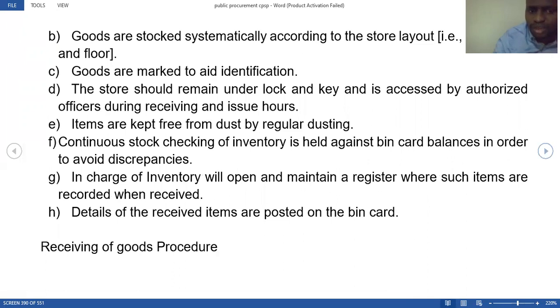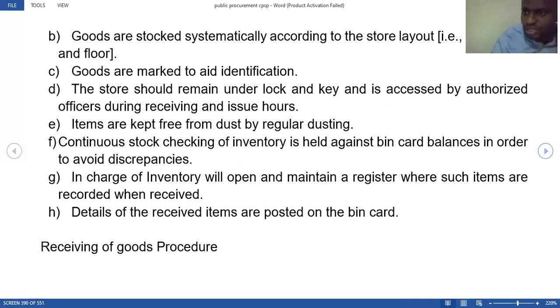Then we also have the other procedure of ensuring that these items are entered in the system and a goods receiving note is generated. Once a goods receiving note is generated, it is then forwarded to the accountants who will come up with a voucher number for purposes of payment of those items.